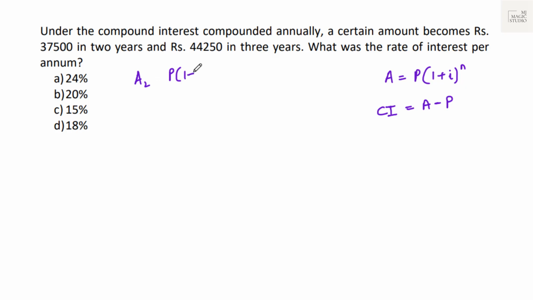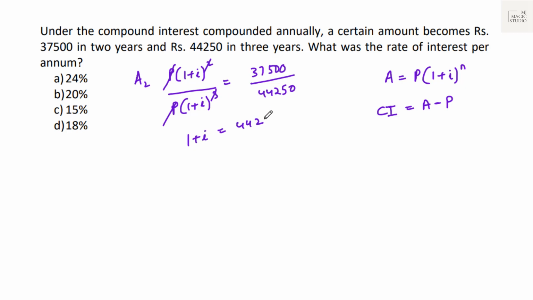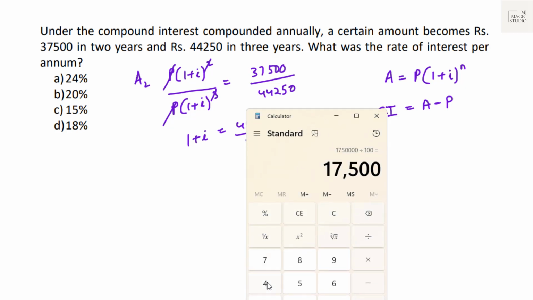Okay. That means A2 is P into 1 plus I to the power 2, that is equal to 37,500. And 44,250 in 3 years. That is P into 1 plus I to the power 3 is 44,250. So if we solve like this, we can get the value of 1 plus I. 1 plus I is 44,250 divided by 37,500.